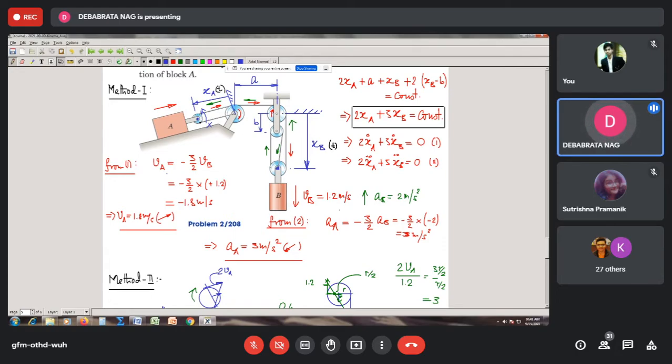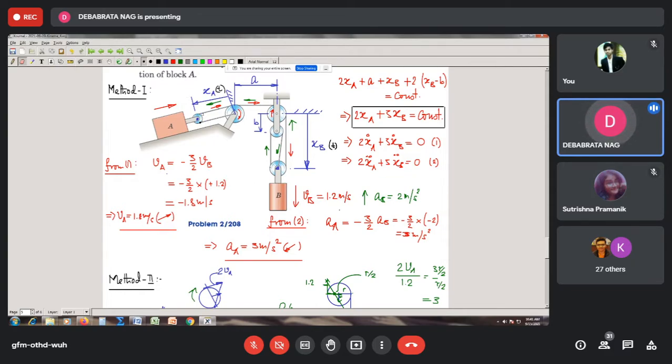So as a result, to match this physical constraint, I cannot have the rotation of this pulley in the anti-clockwise sense. So if it is to rotate at all, then it must rotate in the clockwise direction.